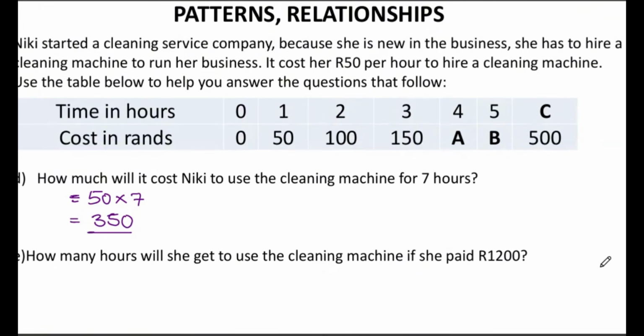We shall use the patterns and relationships to determine which option will be better for us as we go on. How many hours will she get to use the cleaning machine if she spends 1,200? All we are going to do, we shall divide this by 50.